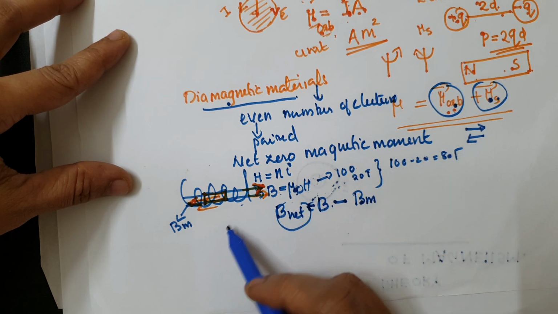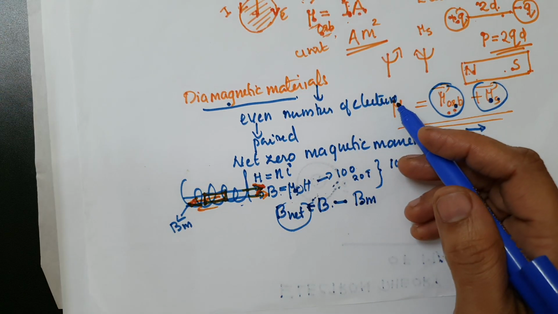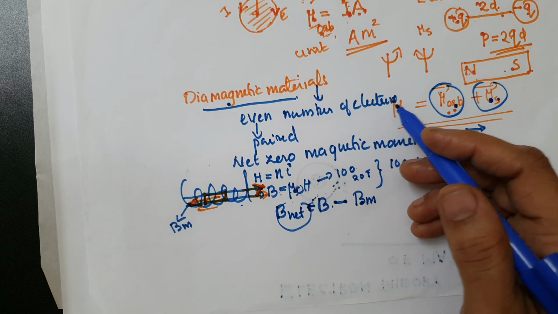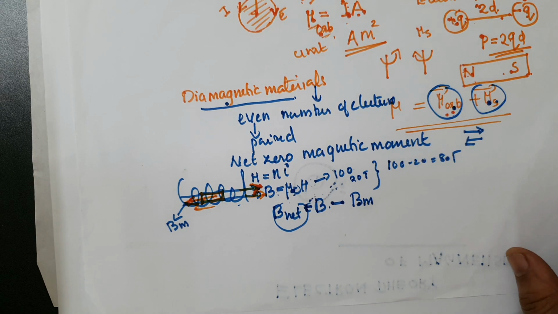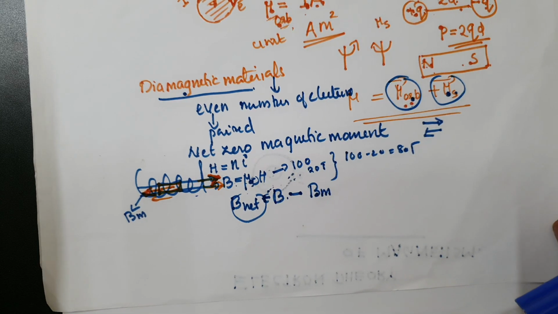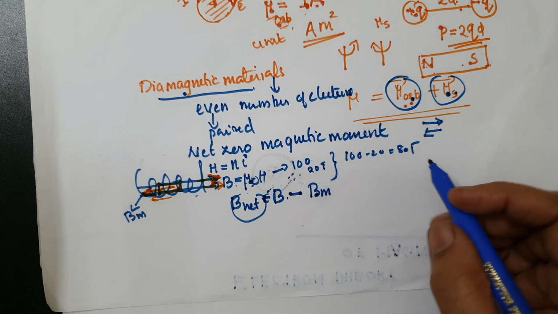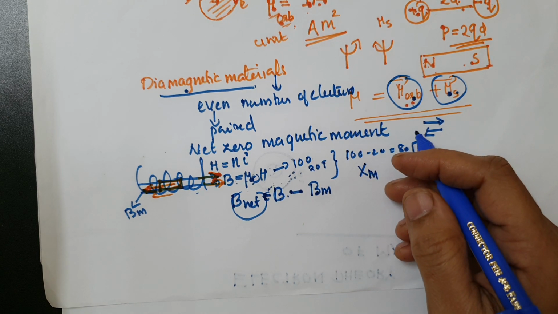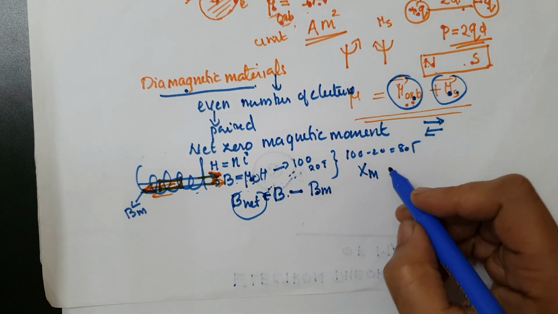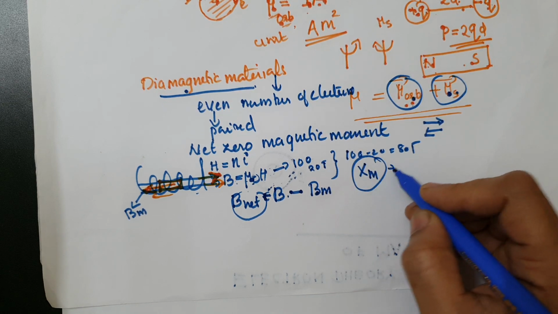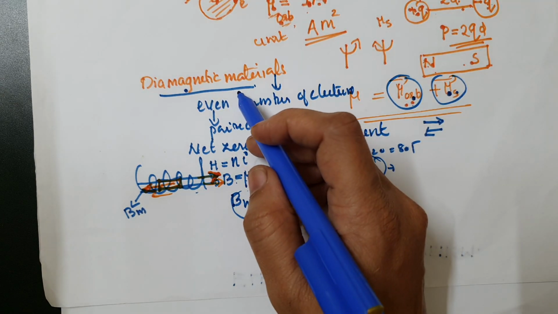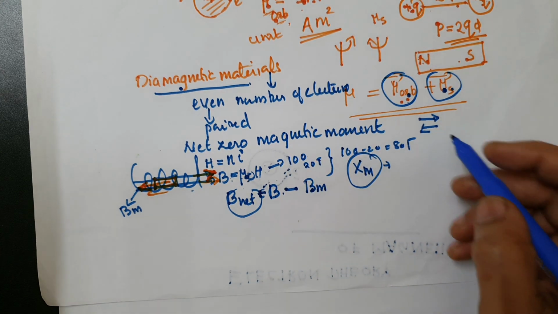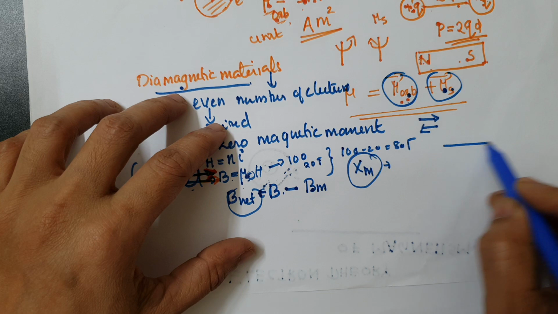That is, the diamagnetic material always decreases the magnetic field in the presence of an external field. Because of this property, its magnetic susceptibility Chi is very small and it is negative.